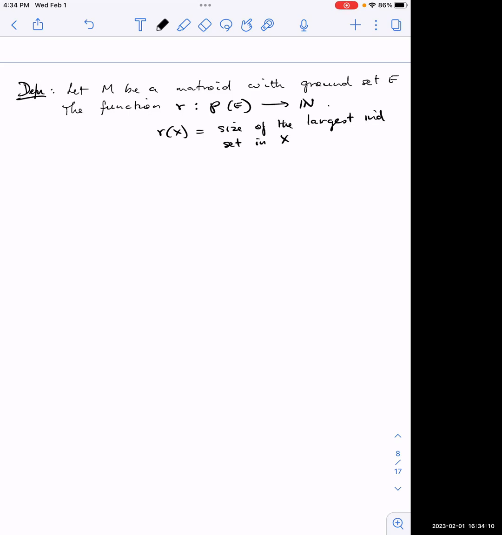So we define independent set, and using independent sets, we define the rank function and associate with every subset of the ground set E a number. The number is defined in this manner: the size of the largest independent set in X. This is called the rank function.